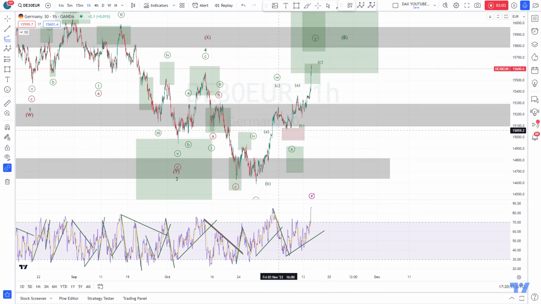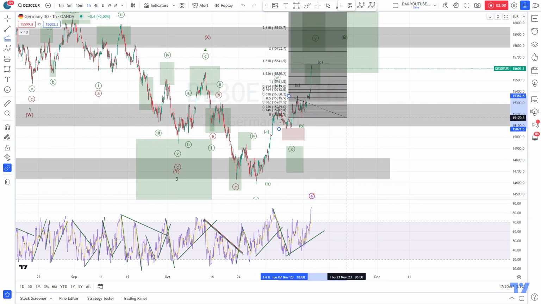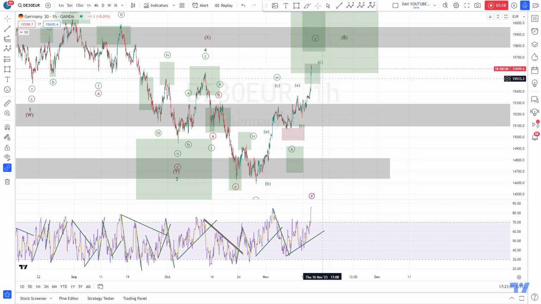If we take the length of the wave A and the length of the wave B, then the target area for the wave C is the area between the 1 and the 1.618 FIB extension. So where we are now is a possible reversal level, I would say.